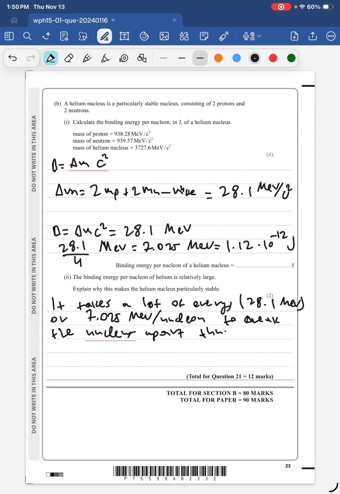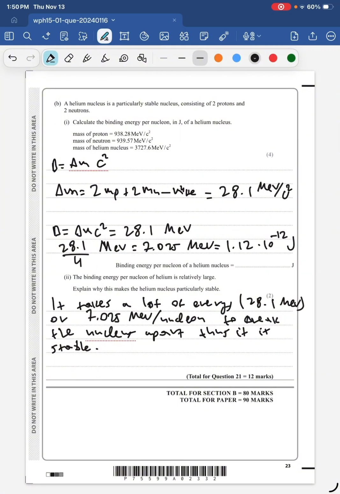Thus it is stable. And that's it. I mean, is there anything else we need to say here? If we break, yeah, no, that's enough. That's good enough.